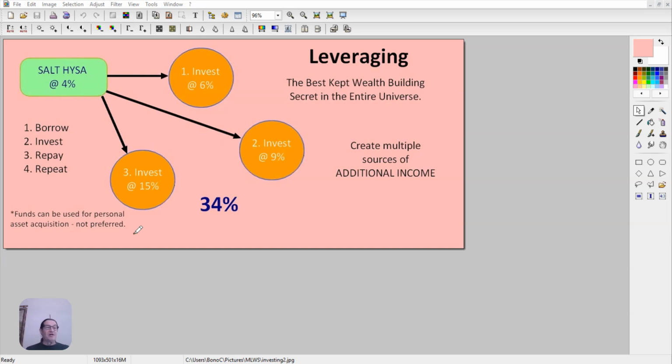Let me give you a prime example of this. Hypothetically, you want the latest greatest TV screen, and the one that you saw is, I'll just throw a number out there, $4,000. You have the money sitting in your HISA account at 4%. You take out the $4,000, you buy the TV, paid for, great. You have no additional debt.